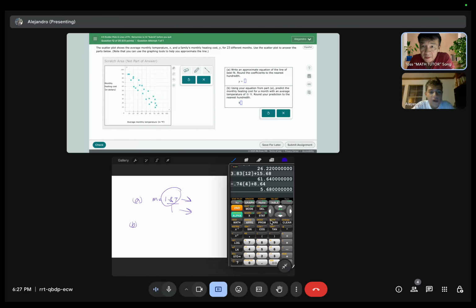Note that you can use the graphing tool to help you approximate the line. So you could do it right now if you want. Draw a line that seems to cut through all of it. That looks about right to me. Yeah, it looks good. Don't forget this is going to be more of an approximation, because it says right there, write an approximate equation.